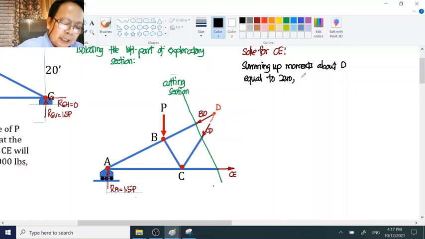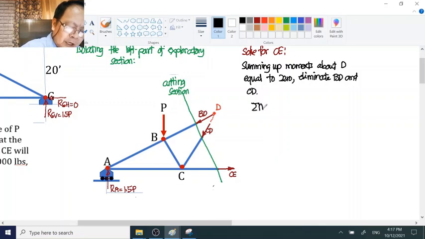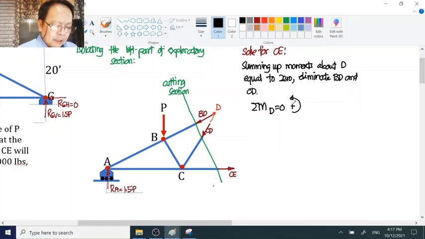We shall be able to eliminate BD and CD. Kaya when we sum up moment, we try to apply the summation of moment about D equal to 0, and we consider the moment in the counterclockwise direction be positive. Then we will be getting the value of the force acting on CE.